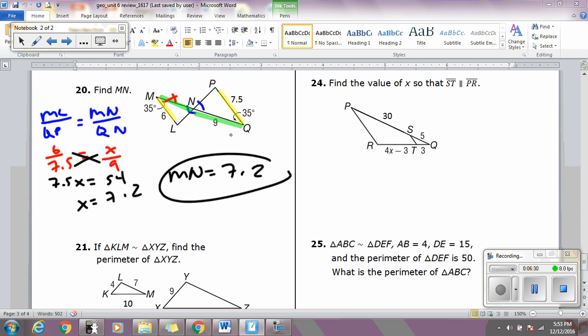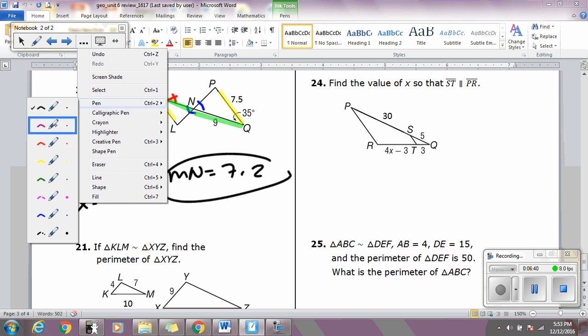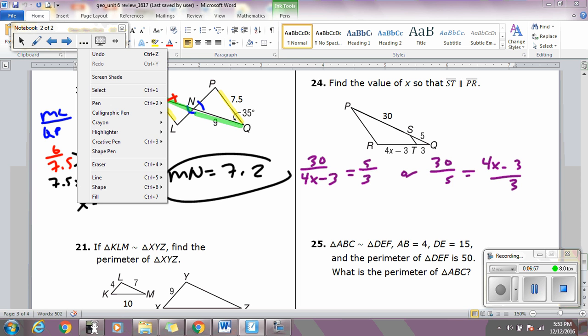On number 24, it says find the value of X so that ST is parallel with PR. So these four parts are supposed to be proportional. So we can write the proportion as 30 over 4x minus 3 is equal to 5 over 3. Or you can do 30 over 5 is equal to 4x minus 3 over 3. Those are your options.